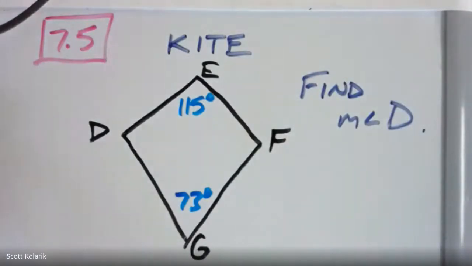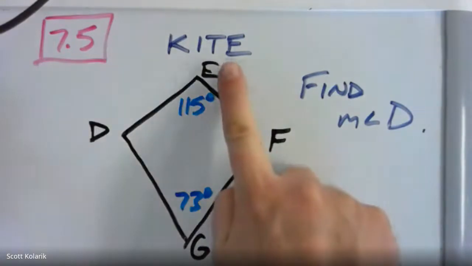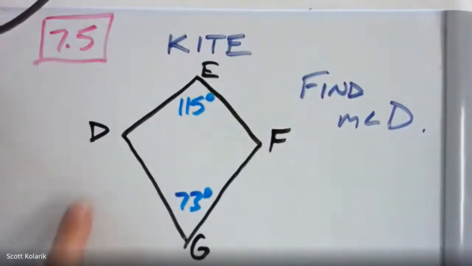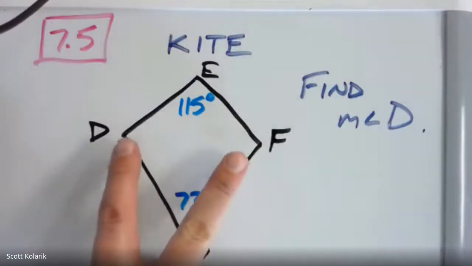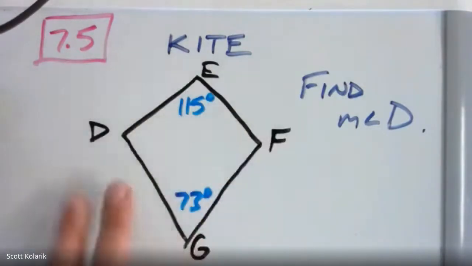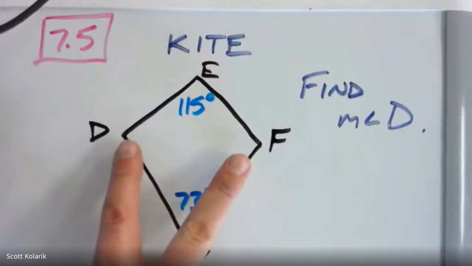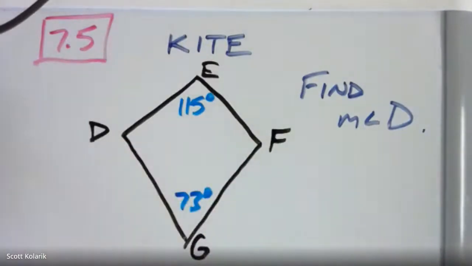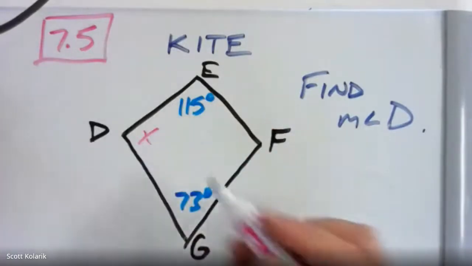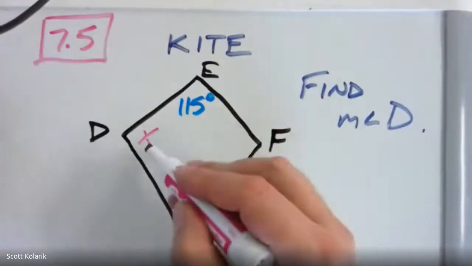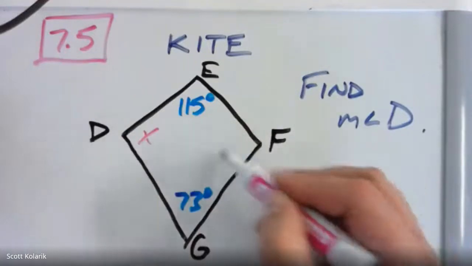All right, so for this problem, we're going to be referencing the shape of a kite. Namely, that in this kite, these 2 angles, the arms or the wings of the kite shape, have to match each other. So my job here is to find D, and we'll call that our unknown, say X. And because these 2 are congruent, that means that whatever I find out here has to match whatever I find out here.